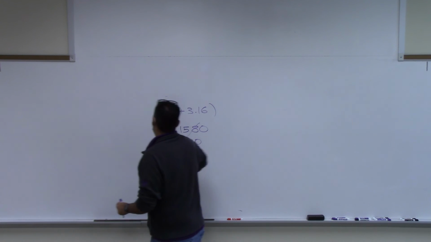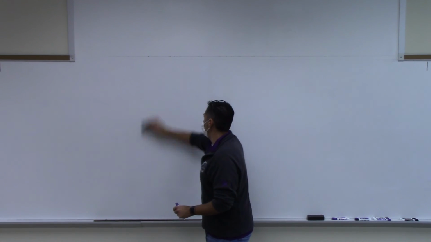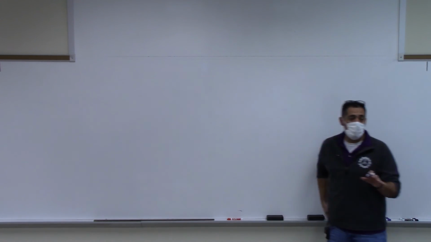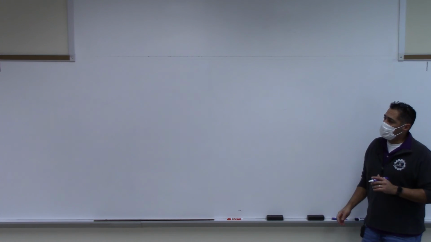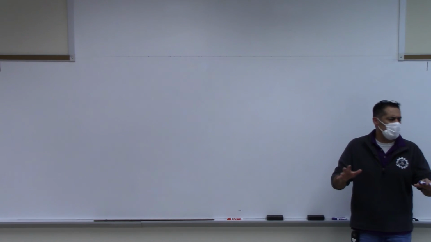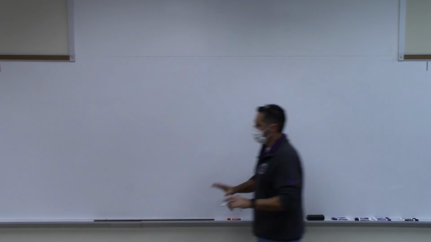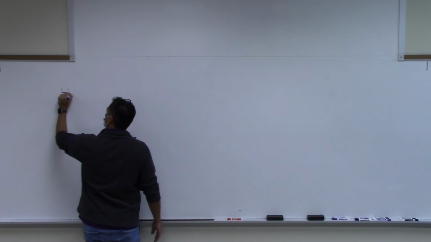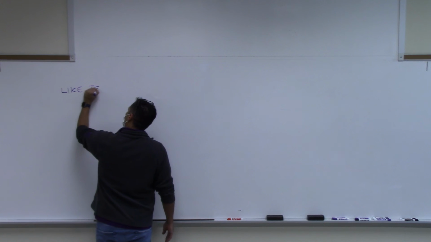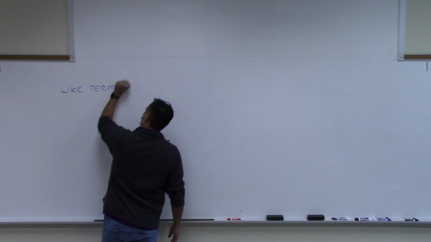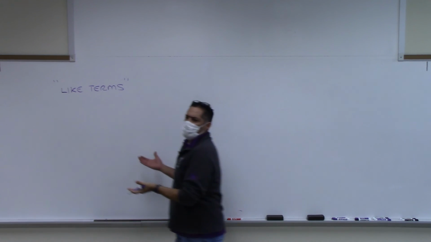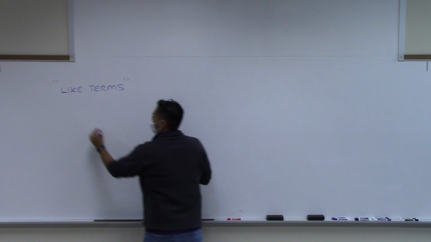All right. So before I move into the next topic, I want to make sure you understand what like terms are. And I think you already do, but I just want to make sure. So when we talk about like terms, the question is, what do we mean? Well, first of all, what's a term?